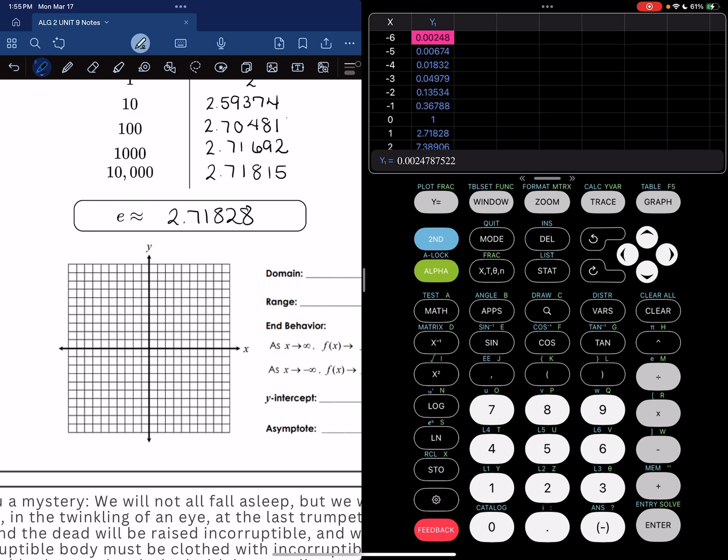You can see they're very small, but then at 0, it is at a height of 1. At 1, it's at that decimal approximation of E, which is 2.71828.